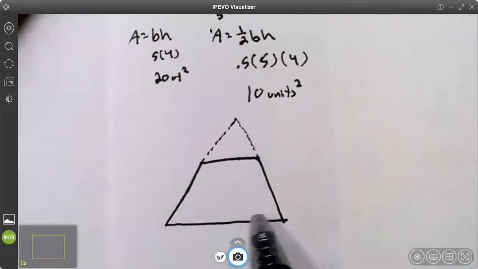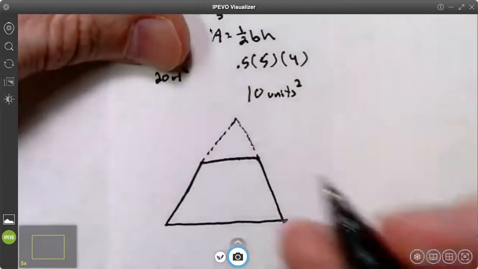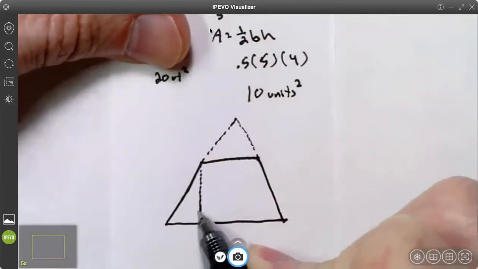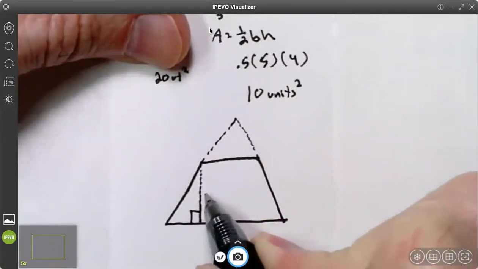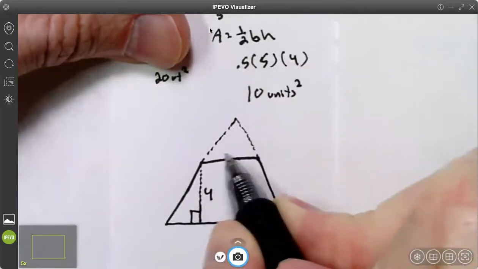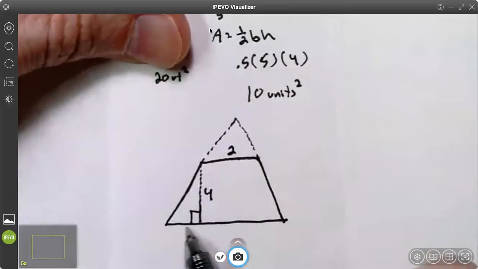Now instead of a base times height, I have two bases and a height. I have created a parallelogram. So let's pretend that my height of this parallelogram is 4, that this top base here is 2 units, and this longest base here is 8 units.